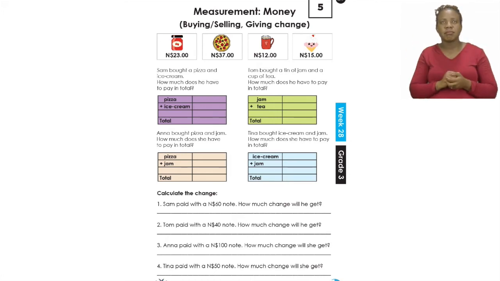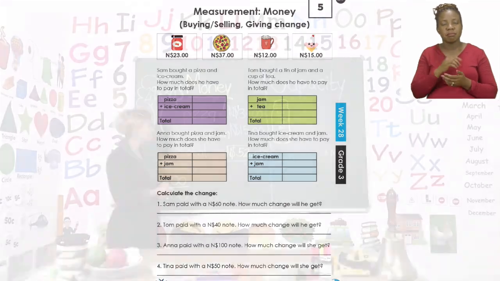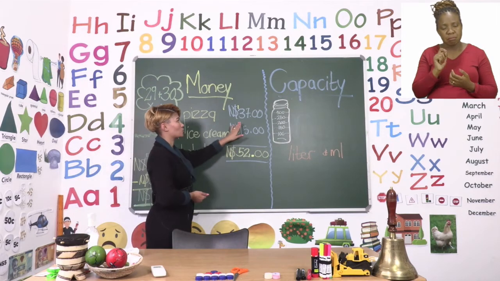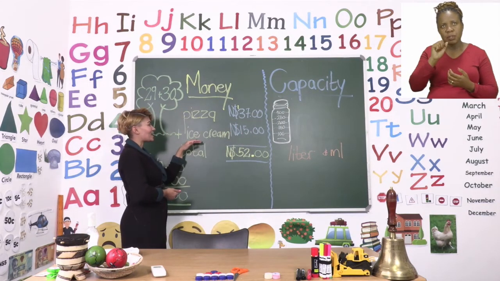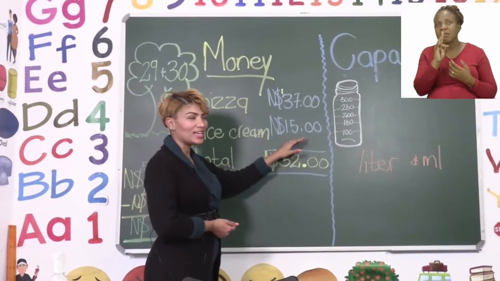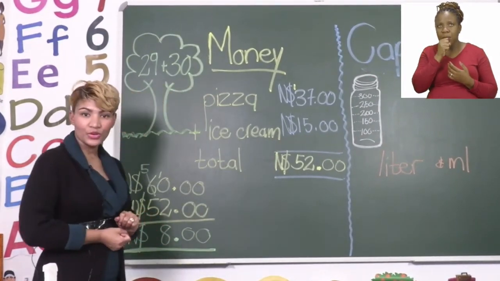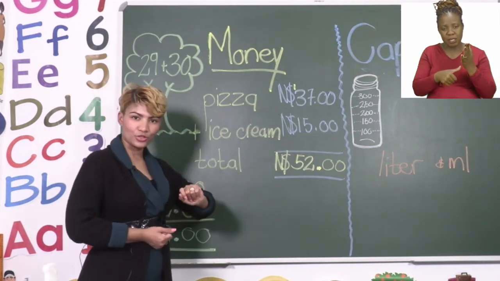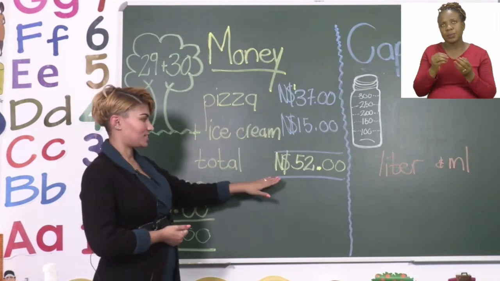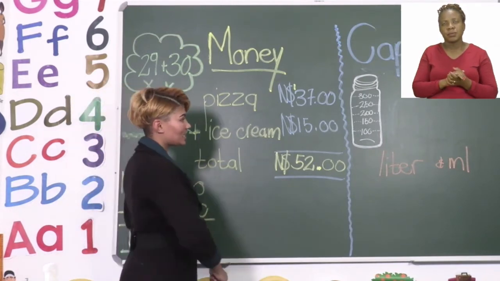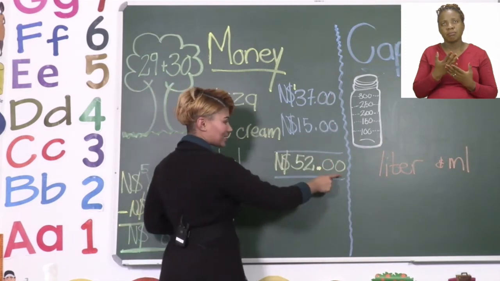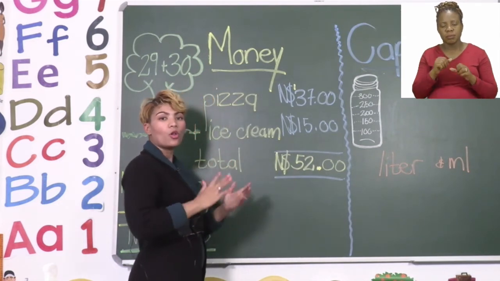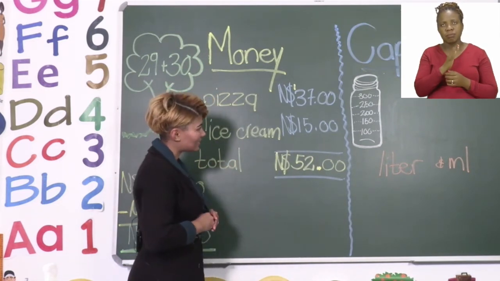Now, let's quickly see on the board how you have to do that. You will see that I wrote it here. The pizza amounts to 37 Namibian dollars and the ice cream is 15 Namibian dollars. Now you go ahead and add the pizza and the ice cream amounts together to get your total. Right. Now you will see I added all my cents, 0 cents. Now I have to go ahead and add up all my dollars. Let's see.